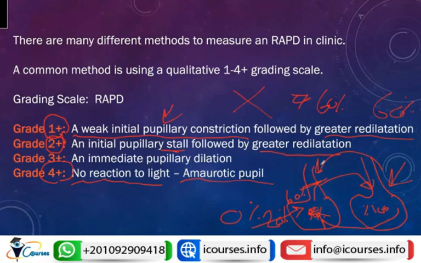So it will not show the dilatation or the paradoxical response to light, because they are both damaged to the same extent. And that's why it's called relative, because it is not total, but it is relative to the other normal eye. So is this point clear, or do you have any question about it?